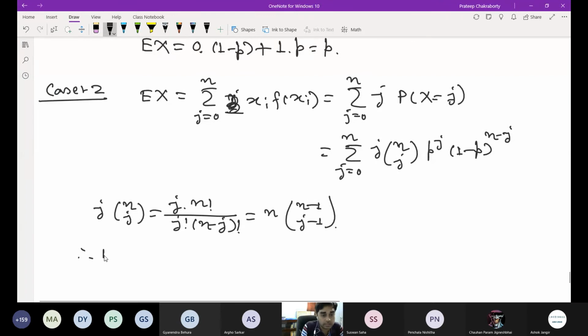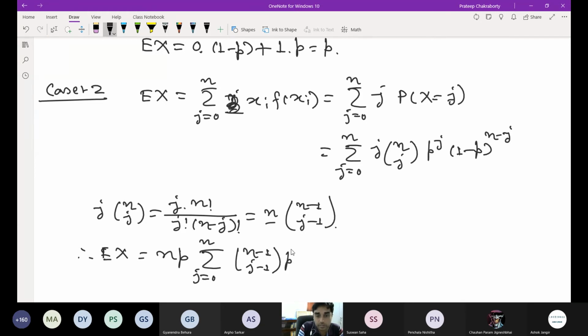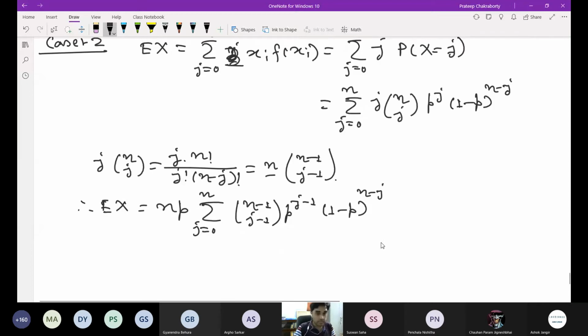So E(X) you can write by taking n out and one p out from here: np, summation j equal to 1 to n, n minus 1 choose j minus 1, p power j minus 1, and 1 minus p power n minus j. Now put i equal to j minus 1.